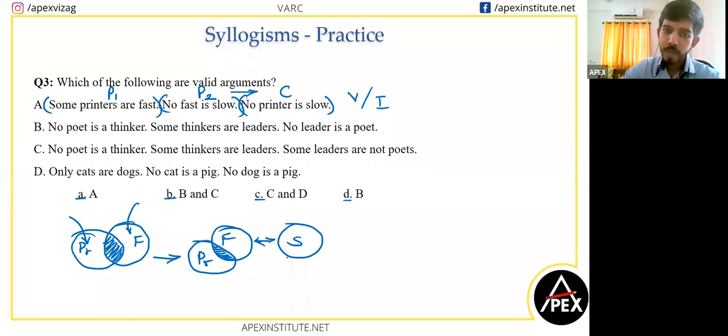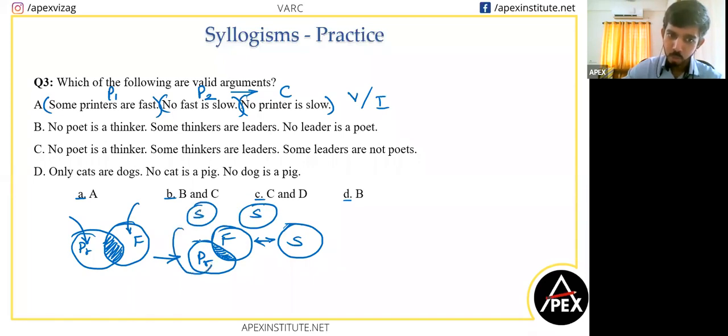Now, can we say no printer is slow from these two? This is your premise one, premise two. And we have to judge whether the conclusion is valid or not. See, the relation of slow is given to fast. So we know that this circle of fast and slow cannot overlap. But slow can be anywhere else. Slow can be here. Slow can be here.